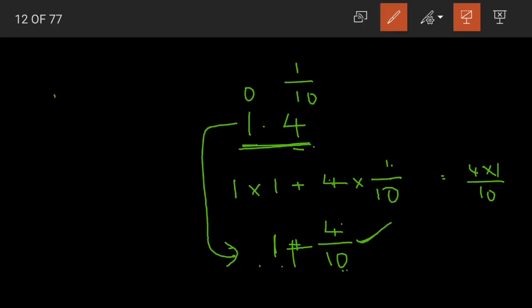In the same way, in the future, whenever you have such questions, say 21.3, how will we write it? Write the whole number part as it is, plus 3 is in the 1/10th place, so 3 divided by 10.